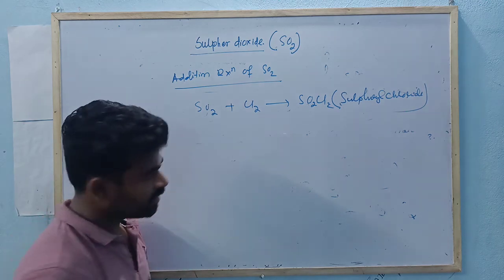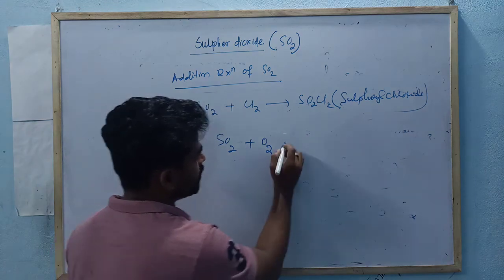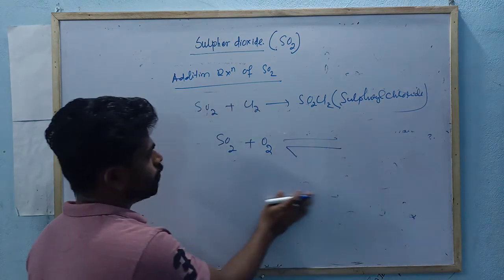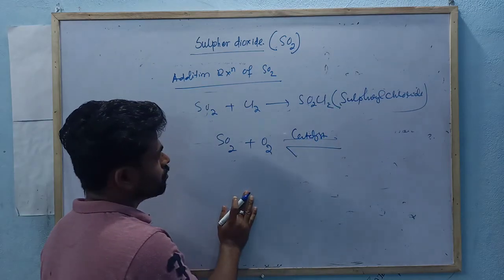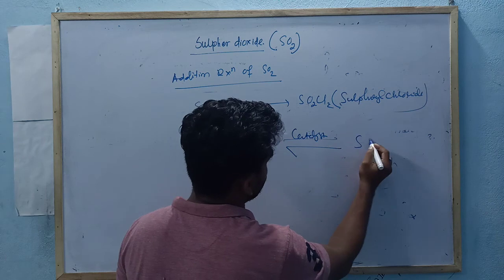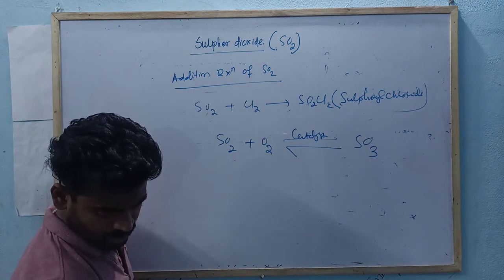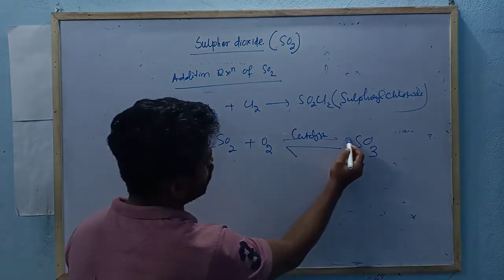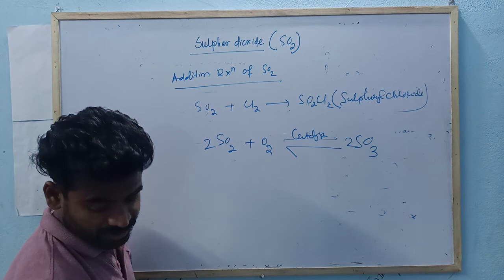Next, in addition, sulfur dioxide also combines with oxygen. This one is a reversible process, mostly occurring in the presence of a catalyst. So sulfur dioxide oxidation with oxygen will form SO3. There are 2 and 2 over here, 6, so this equation is balanced.